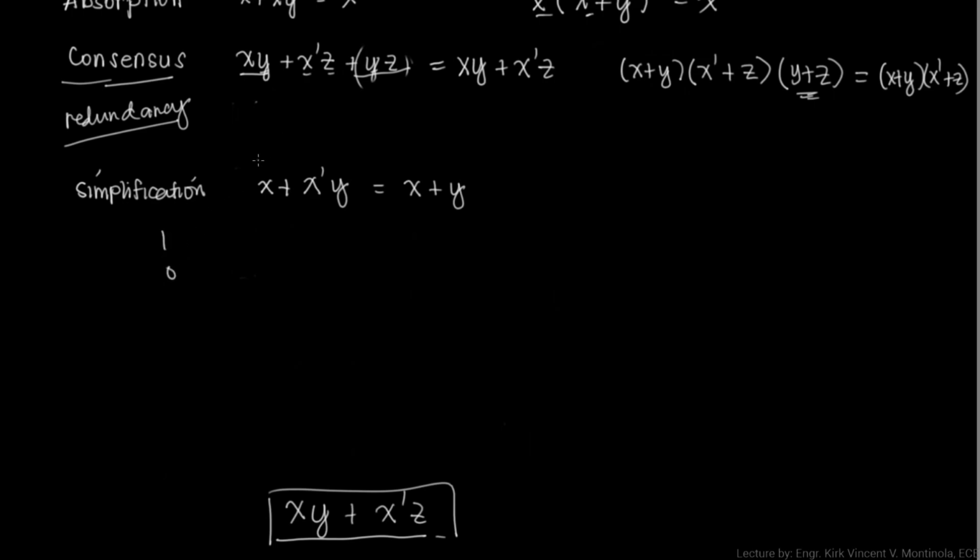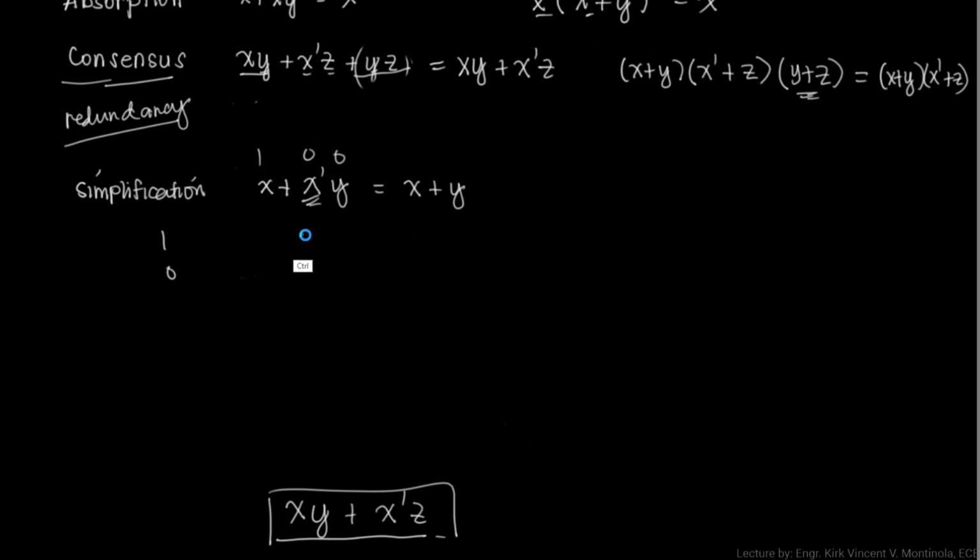Meaning if x is 1, then x prime is 0, and y must be 0 too, because it cannot be 1; if it were 1, it would be x. Meaning x prime, you can also rewrite as y. We know that y multiplied by y is just y.